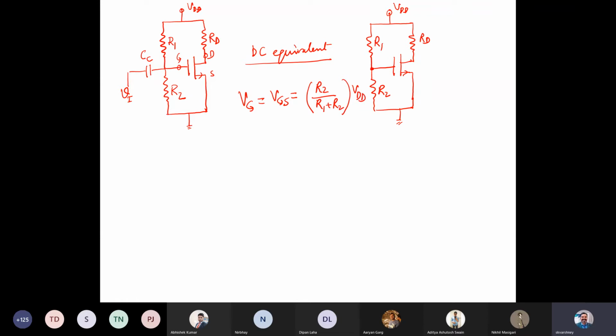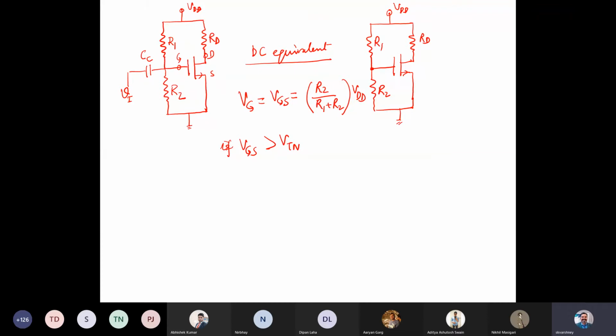Now, if the VGS is greater than VTN, that's the threshold voltage, then we consider the transistor is biased in saturation. Whenever we solve a problem, we always assume that the transistor is biased in the saturation region.